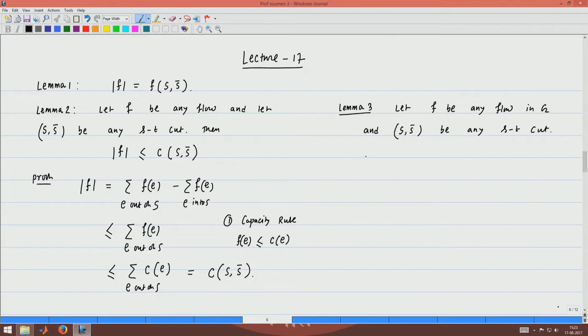Now, what we know is that this is always true: the flow value is less than or equal to the capacity of the cut.